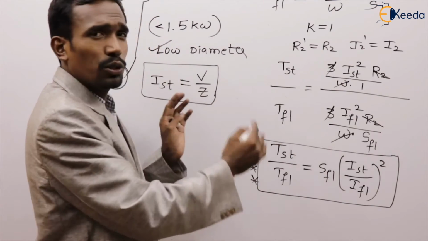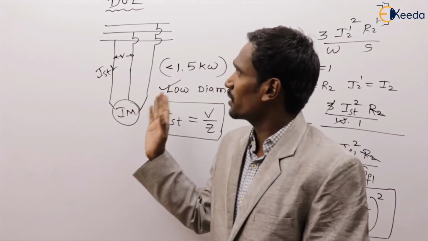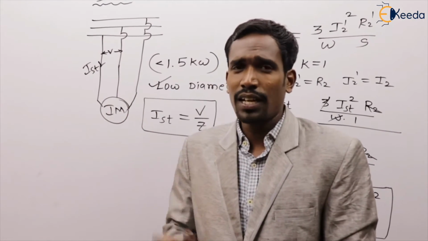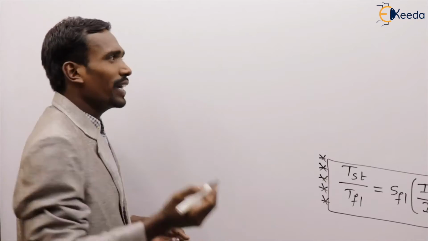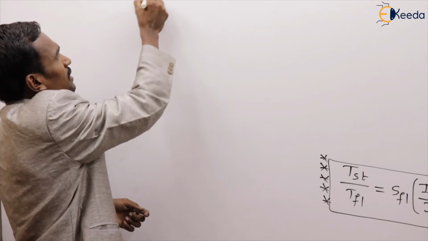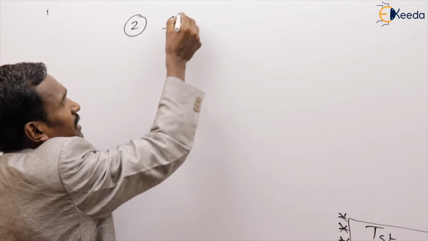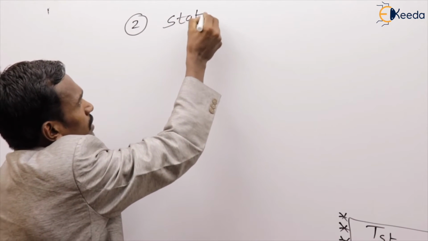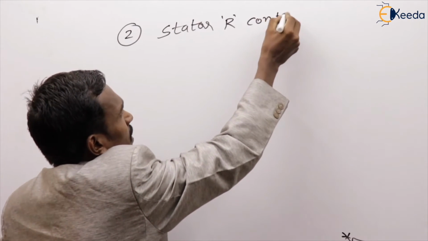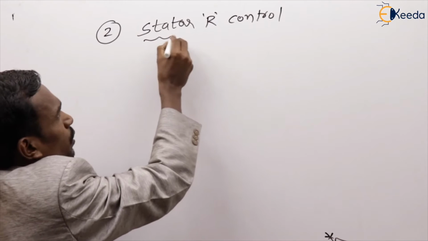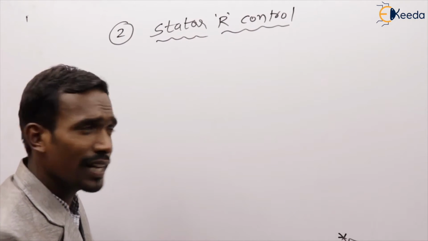This is about the starting torque to the full load torque in direct online starting. Okay, this is about the first method, direct online starting. Now the second method. What is the second starter? The stator resistance control starter.